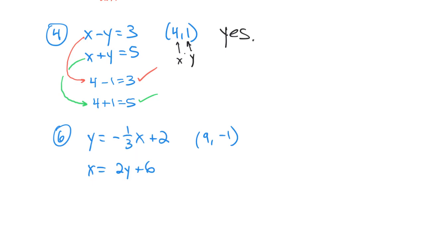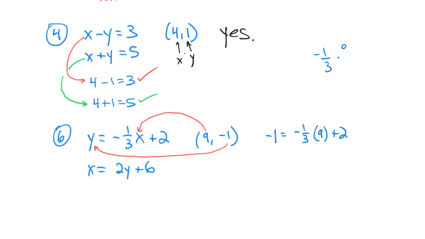Okay, so basically what we have to do is plug in this for x and this for y. We do that to each equation. Looking at the first one, I get negative 1 equals negative 1/3 times 9 plus 2. Negative 1/3 times 9 is negative 1/3 times 9 over 1.